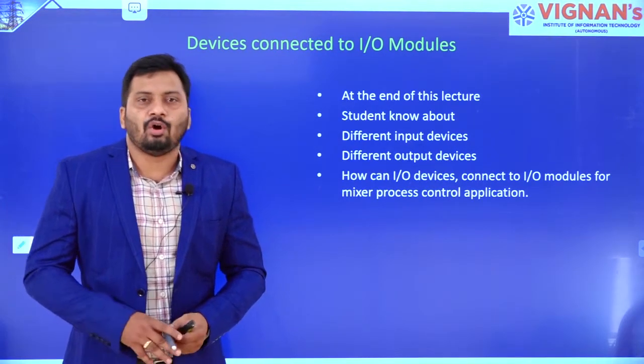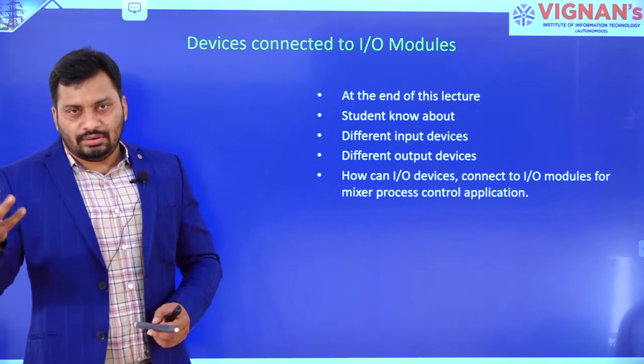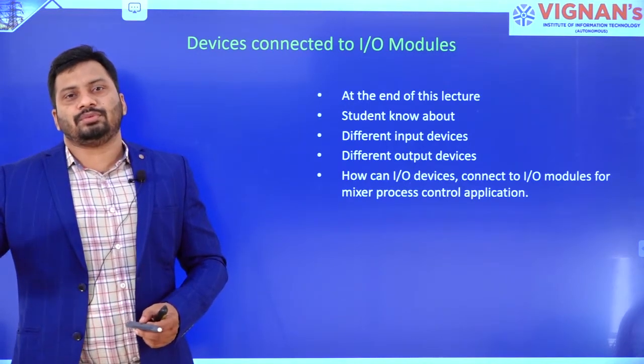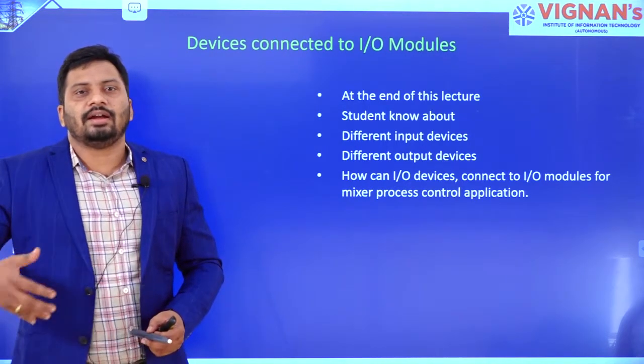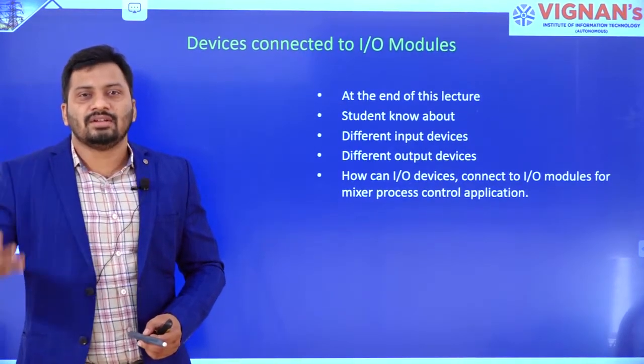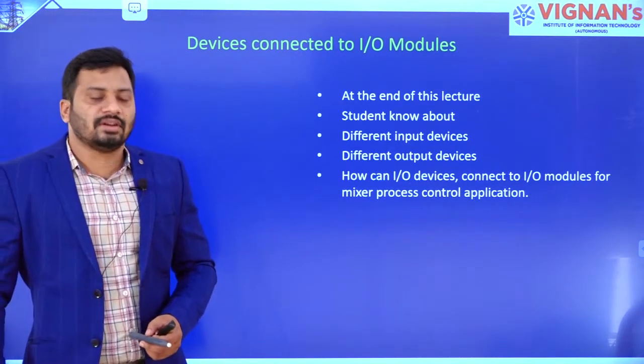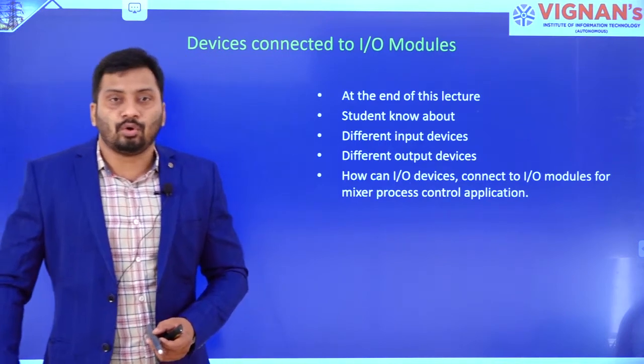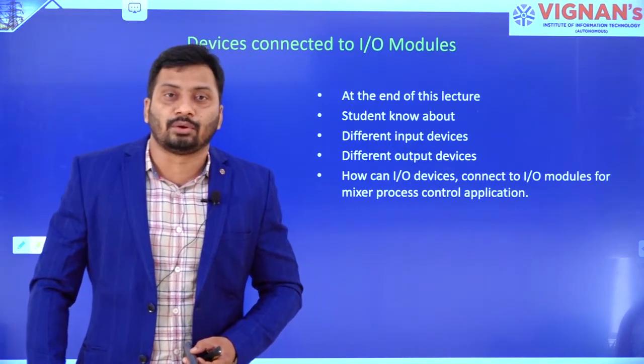In a similar way, output modules are used to take the output signal from the CPU as an input, condition that signal, and act like a switching device for the external devices connected to the output module. What devices are connected to the output module?